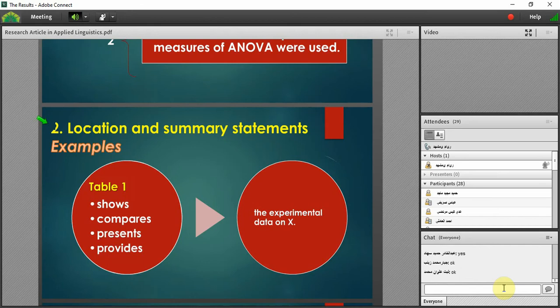What does that mean by location? You need to refer to some location in the article. Suppose you need to refer to tables. If you say table 1, it's a location in your article. Table 1 shows, table 1 compares, table 1 presents, table 1 provides. You see that?